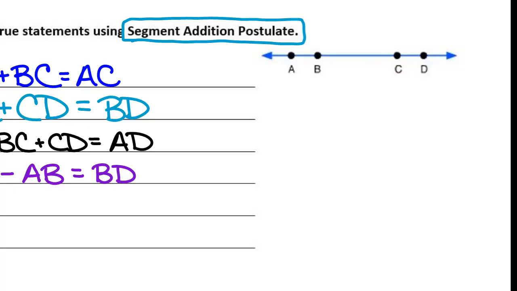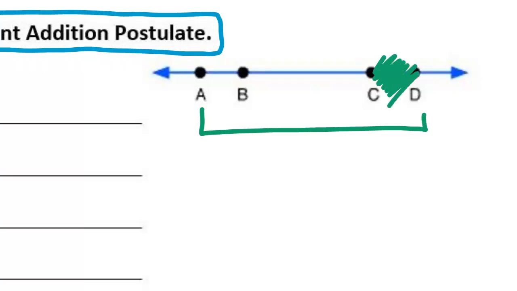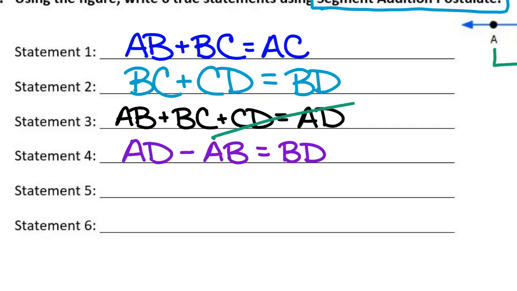What about if I had the whole thing, AD, and I took away CD? AD minus CD, you said, would be what? AC.